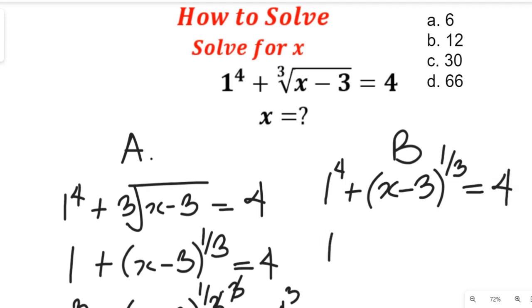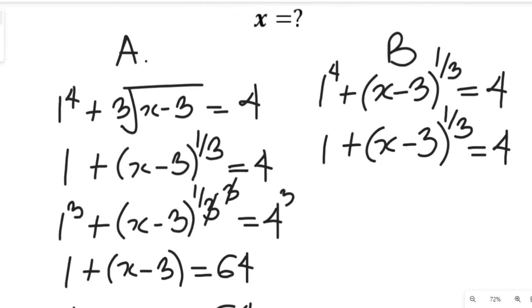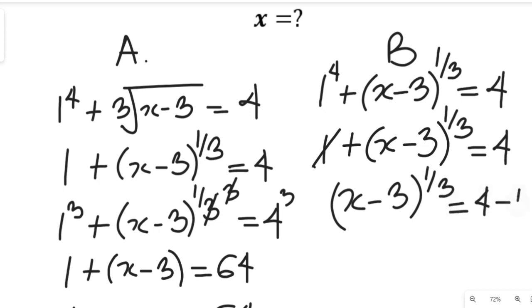So 1 plus x minus 3 all to the power of 1 divided by 3 is equal to 4. Student B was smart enough to decide to subtract 1 from both sides to clear this one here, and that gave him x minus 3 all to the power of 1 divided by 3 is equal to 4 minus 1.